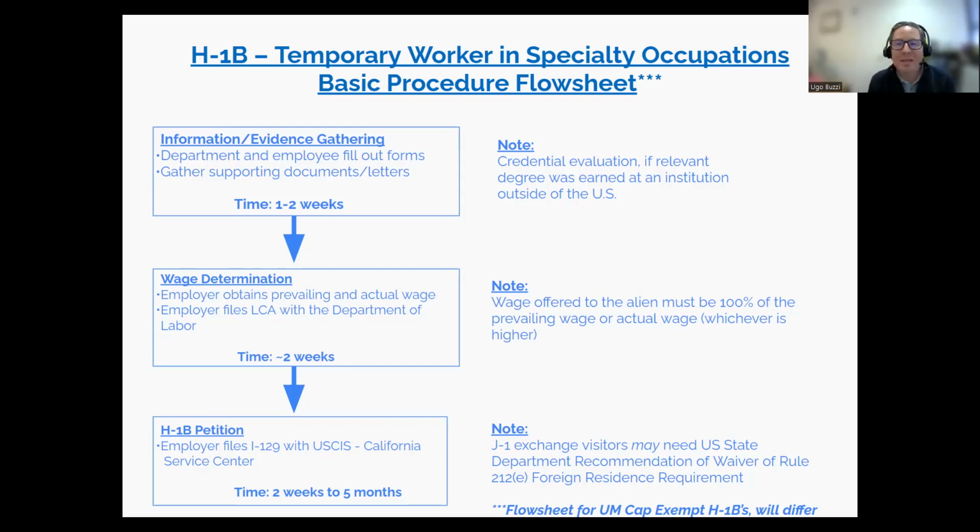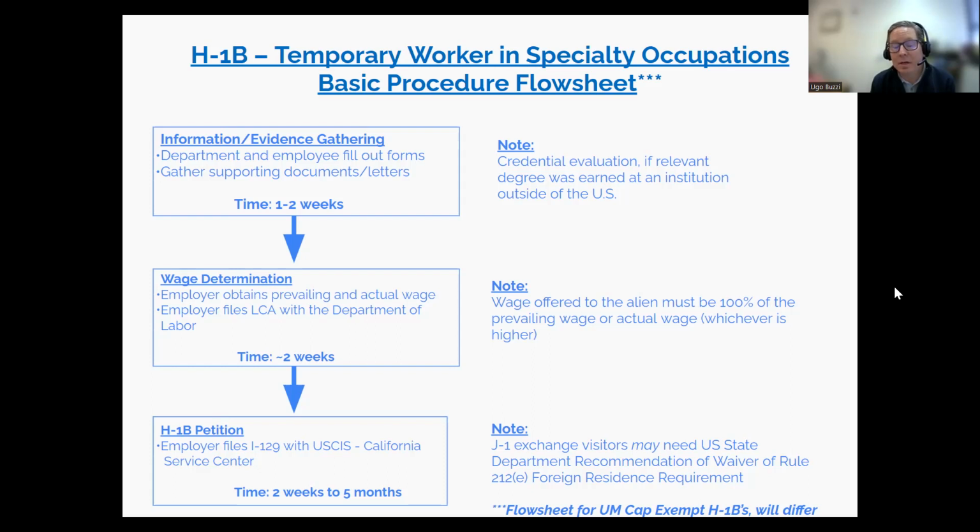Now, there's two kinds of H-1Bs that we group things into. Many of you probably know this already: there's a cap-based H-1B, which is often referred to as the H-1B lottery, and there's a cap-exempt H-1B. The timeline you see set forth here is primarily for an H-1B cap-exempt position, which is what the University of Michigan files.